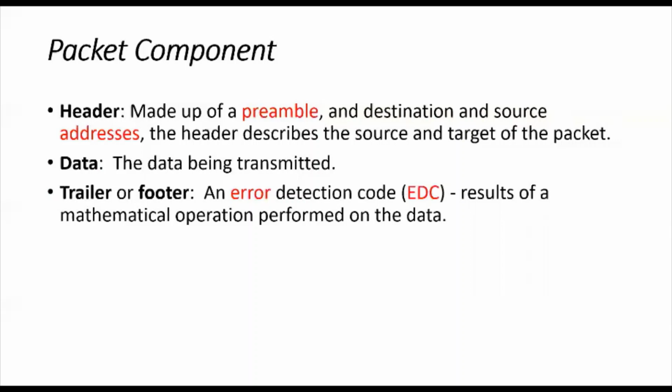If both values match, then the receiver will assume that the data received is correct, with no alteration or modification in the data. So this is the use of error detection code: to make sure the data is received correctly or not.